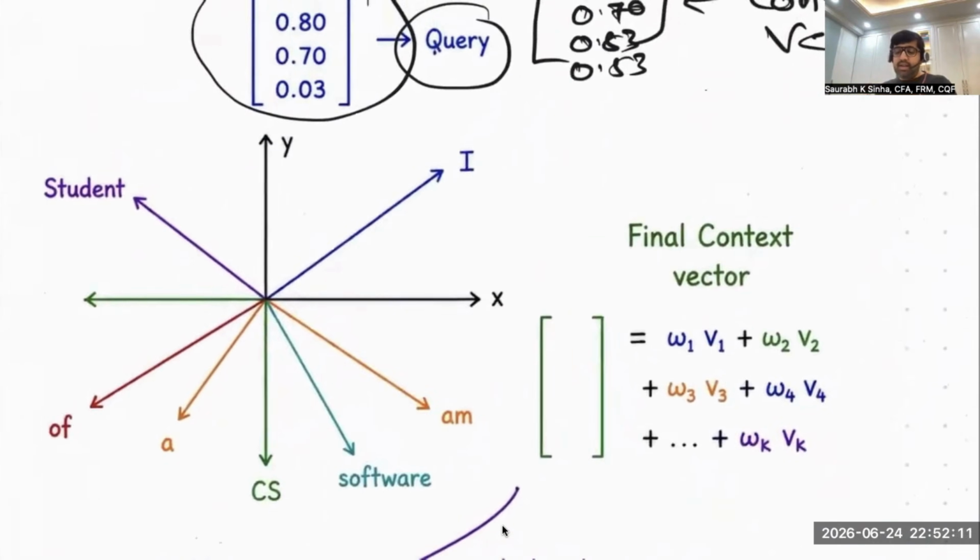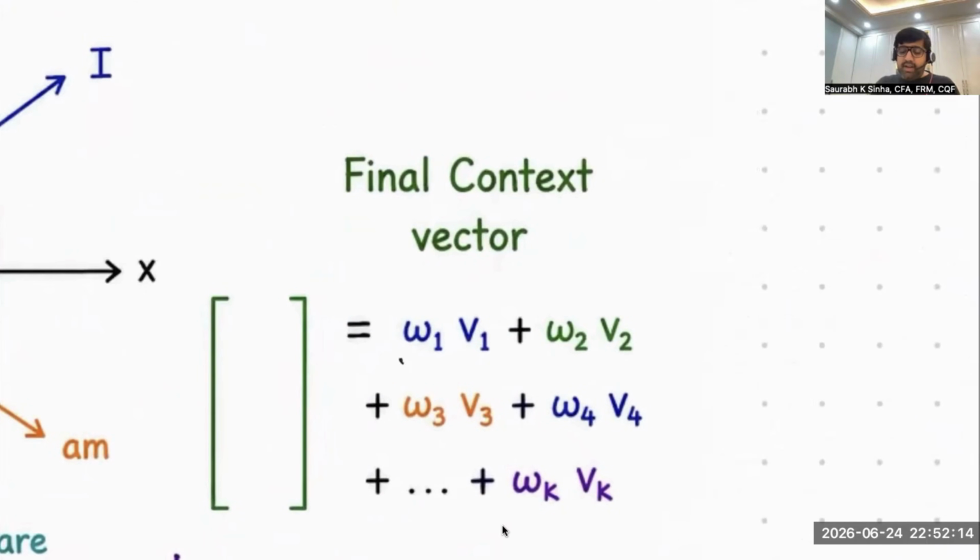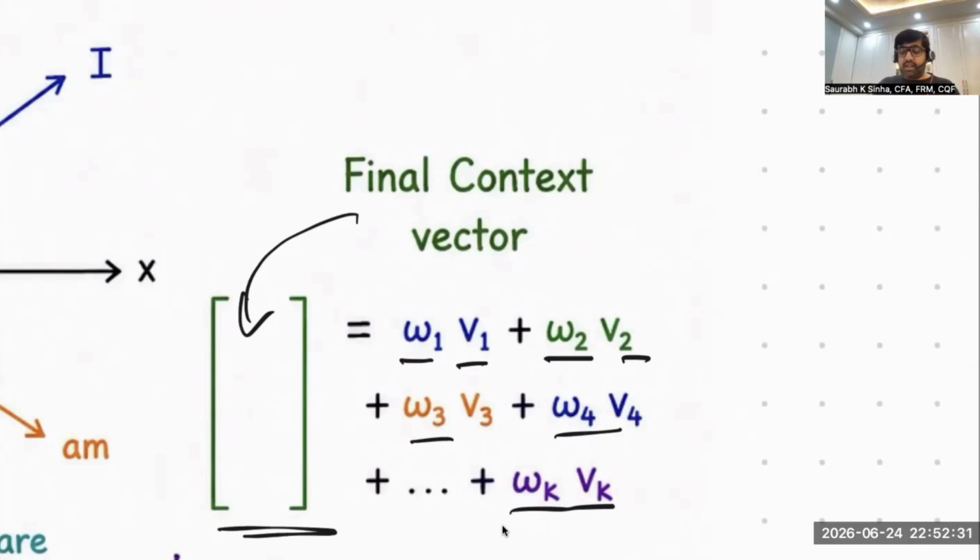So the final step is what? Weighted average of all the vector embeddings. So at the end, it is the weighted average of all the vectors that will give you the final context vector for your query vector. And you have to repeat this exercise for all the query vectors, or all the tokens.